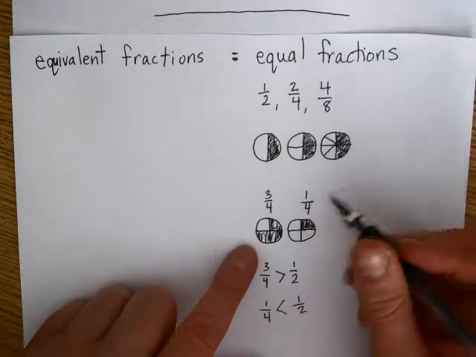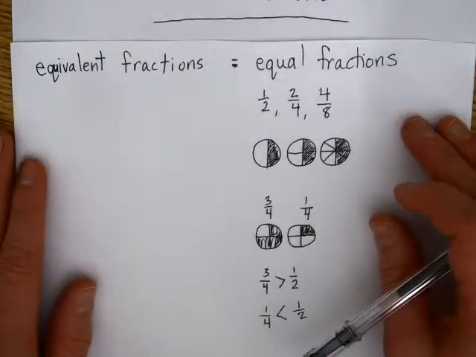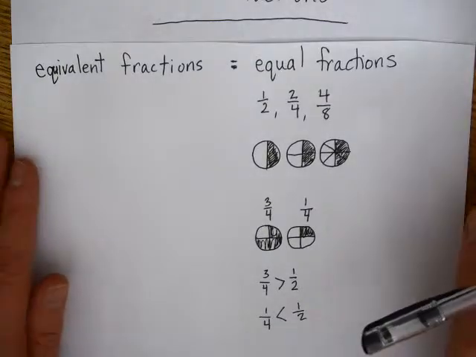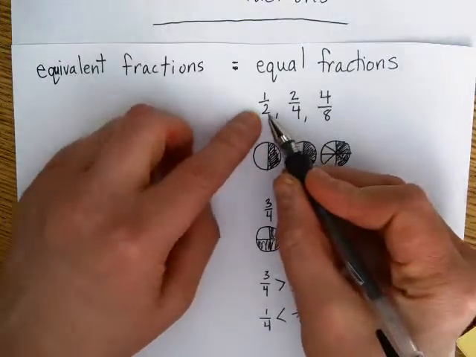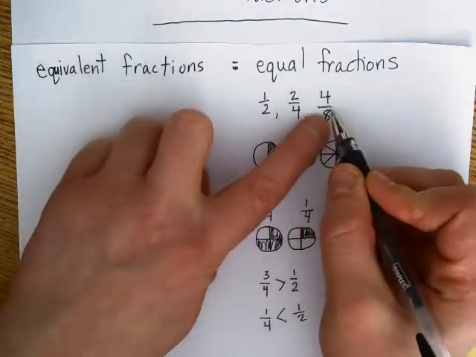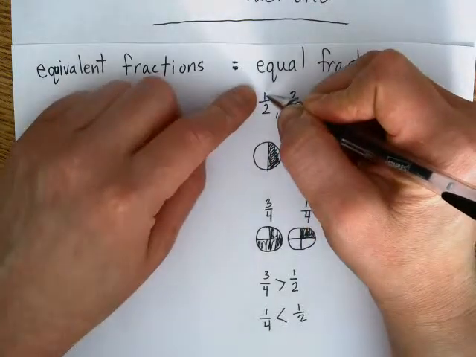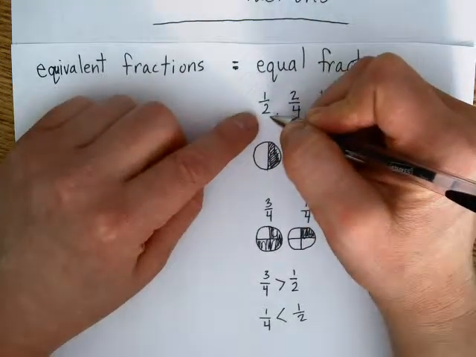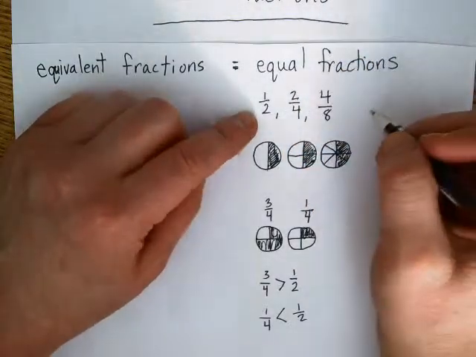What we also want kids to do is start to notice patterns between the numerators and denominators in fractions. So in this case here, we know 1/2 equals 2/4 equals 4/8. We've talked about how if we do something to the numerator, we have to do it to the denominator, and that will produce an equivalent fraction. And many kids started to pick up on that.